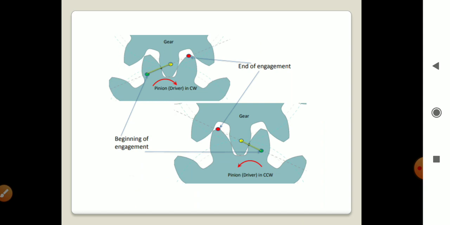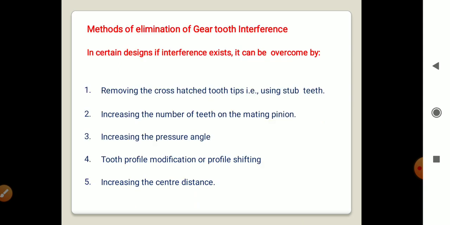To avoid interference, there are some methods to eliminate gear tooth interference. In certain designs, if interference exists, it can be overcome as follows. First, removing the cross-hatched tooth tips, that is, using stub teeth.